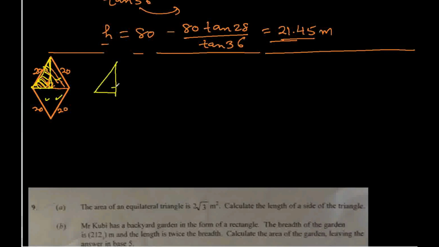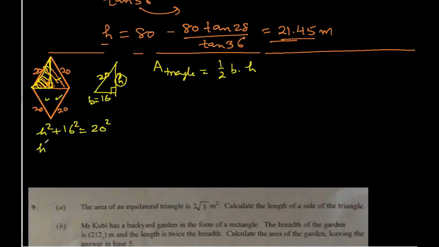This is what I'll do. So this is 16 now, because I assume the whole thing is 32, so half will be 16. This will be 20. And suppose this is the height. So area of a triangle is half base times height. Base is 16, height we need to find. We can find the height with the help of the Pythagorean theorem. h squared plus 16 squared will be hypotenuse squared.